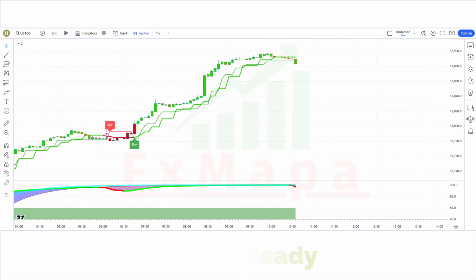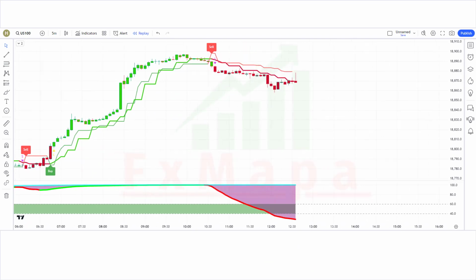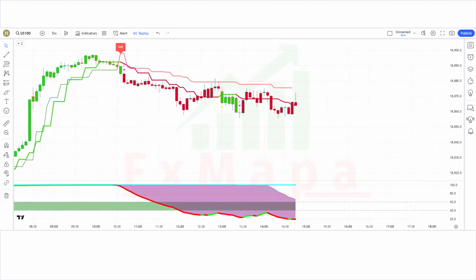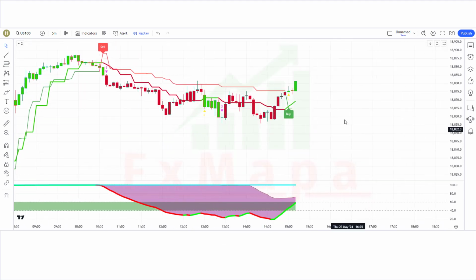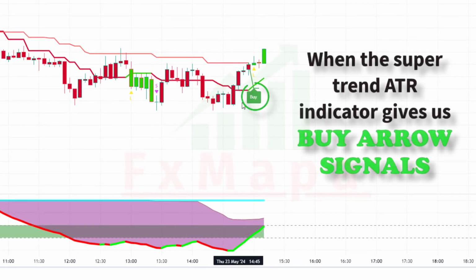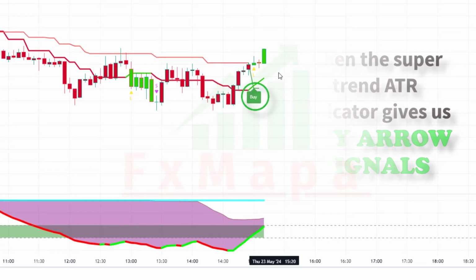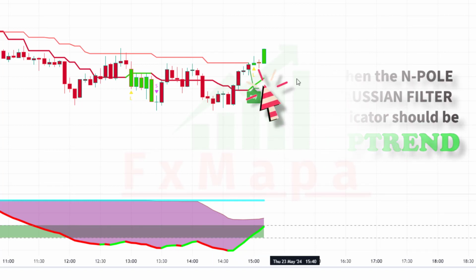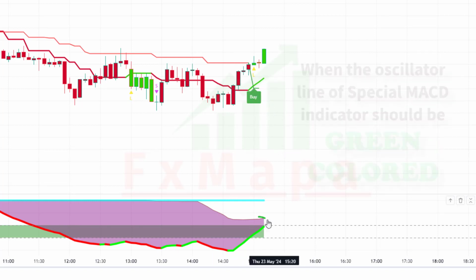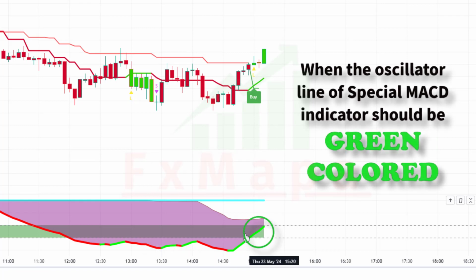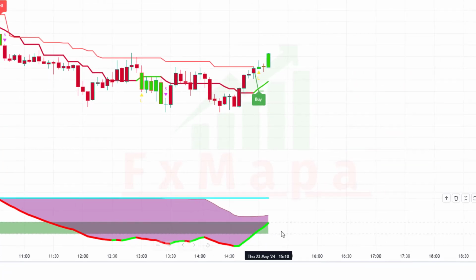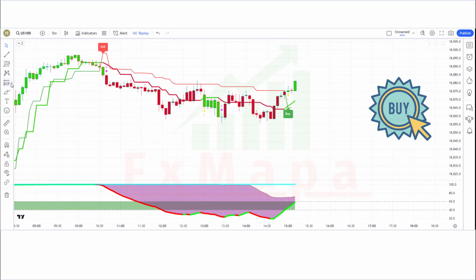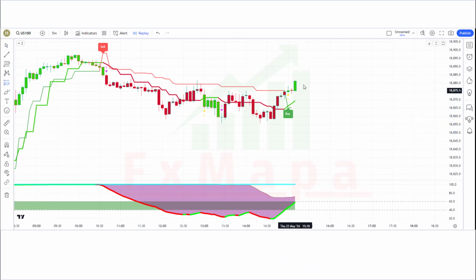Setup is ready. Now, let's understand the concept where we will take buy and sell trades based on their conditions. When the Supertrend ATR indicator gives us buy arrow signals, when the N-pole Gaussian filter indicator is in uptrend, and when the oscillator line of the Special MACD indicator is green colored, if this condition is fulfilled, then we will place a buy order.